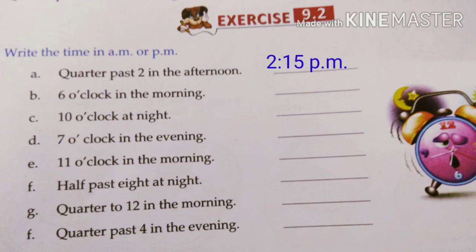6 o'clock in the morning, 6 AM. 10 o'clock at night, 10 PM. 7 o'clock in the evening, 7 PM. 11 o'clock in the morning, 11 AM. 8:30 at night, 8:30 PM. 11:45 in the morning, 11:45 AM. 4:15 in the evening.